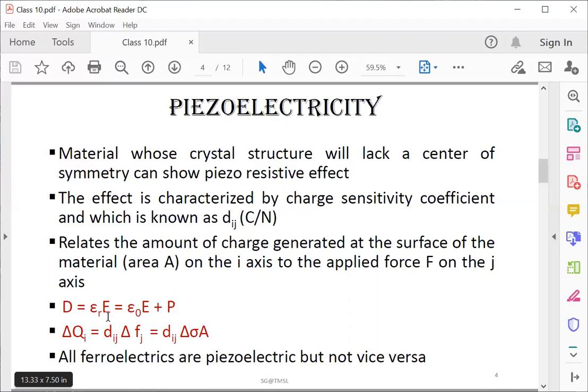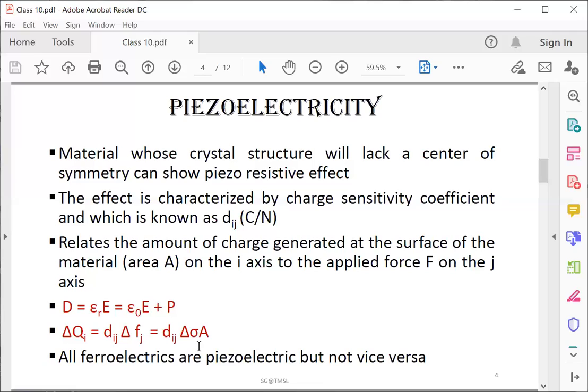Epsilon R is basically the permittivity, so D is equal to epsilon not E plus P, and delta Qi is the charge generation due to the applied mechanical force, which is given by small Dij delta Fj, which is again written as Dij delta sigma into A. Okay, so this is the charge generation equation, and with this charge accumulation, you can extract some voltage at the two surfaces of that material.